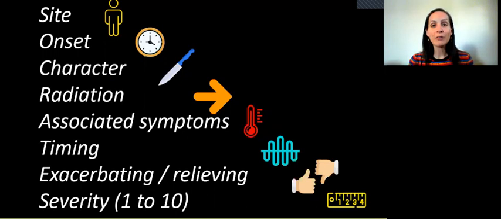A great phrase to remember is to say to the patient, "Tell me more." So if they say, "I've got vomiting and diarrhea," tell me more about that. You cannot ask these Socrates questions for vomiting, but you can say, "Tell me more," to encourage the patient to tell you more about their symptoms.